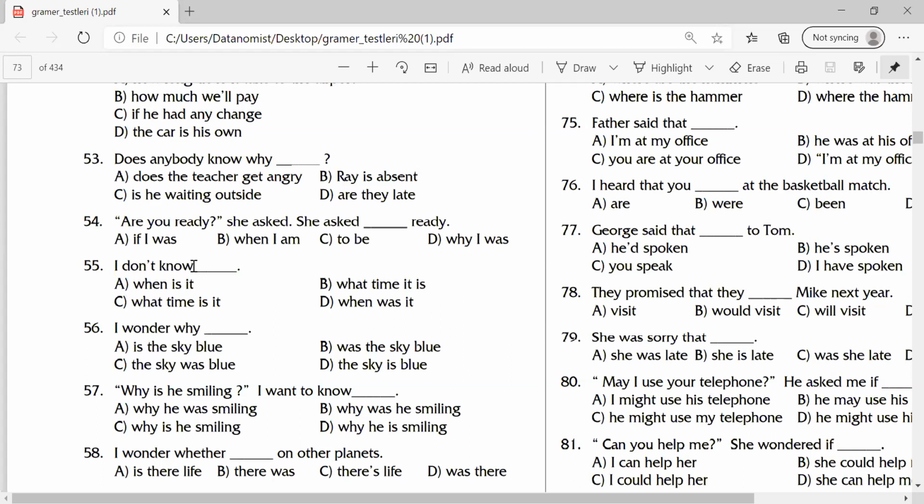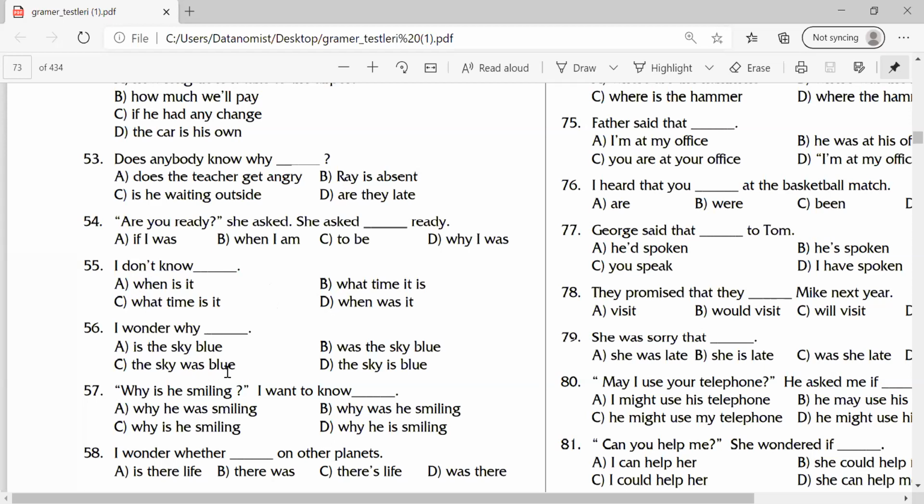I don't know what, and this what should be a conjunction, SV, present, and it can be present. When is it? No, no, no. What time is it? No, no, because verb subject. No, answer is what time it is. I don't know what time it is. I wonder what. Why? He has given a conjunction. I want S and V.